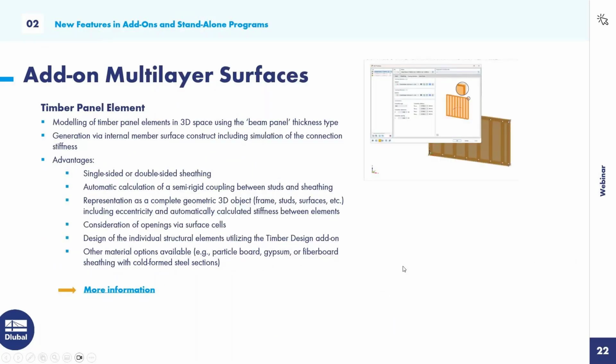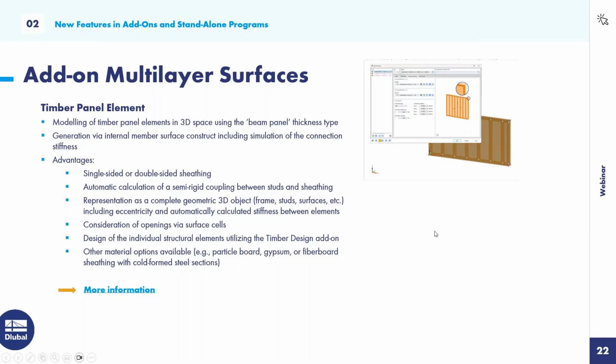A new element is the timber panel element. It's a 3D element that you can create easily. You can consider single-sided or double-sided sheeting. It's not only for timber panels.